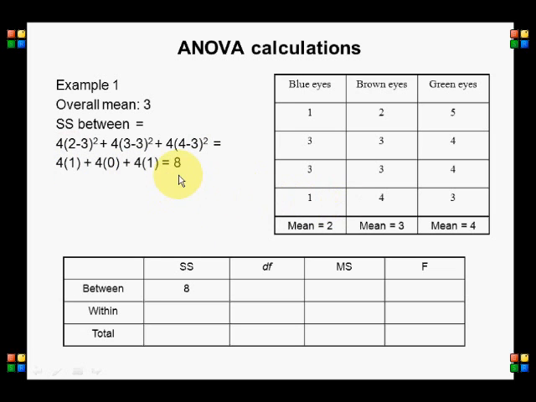And if I go through that equation, I'm taking 2 minus 3, squaring it, multiplying it by 4, 3 minus 3, squaring it, multiplying it by 4, and 4 minus 3, squaring it, multiplying it by 4. Well, once again, that breaks down to 1 squared times 4, which is 4 times 1, plus 3 minus 3 squared is 0 times 4, which is 4 times 0, plus 4 times 1 squared, which is 1. That gives me 4 plus 0 plus 4, which equals 8. And I can fill that in right there.